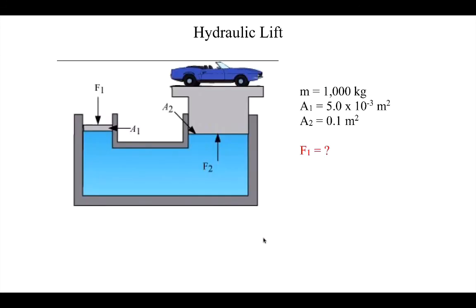So here's the idea of a hydraulic lift. I've got a 1,000 kilogram car on a hydraulic lift. Now again, the way the hydraulic lift works is you apply a force to a small area. That pressure is then applied to a very large area, allowing you to lift something. So the question is, if I want to lift a 1,000 kilogram car, how much force would I need to apply?